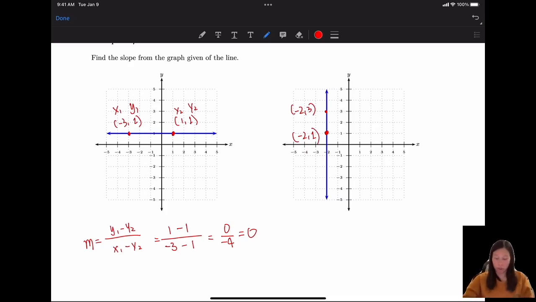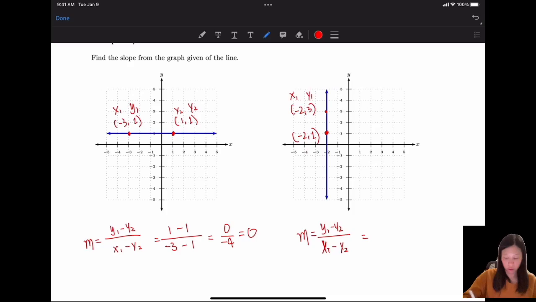Okay, so welcome back. Our slope is equal to y1 minus y2 over x1 minus x2. Even for me, I always label which one is x1 and which one is x2, so I don't get confused later.